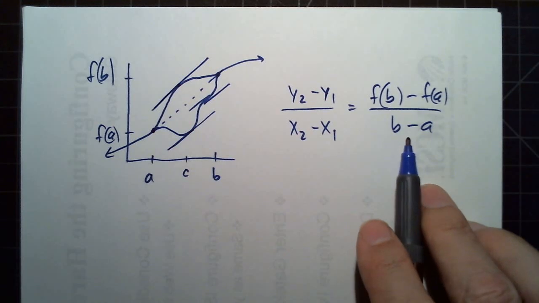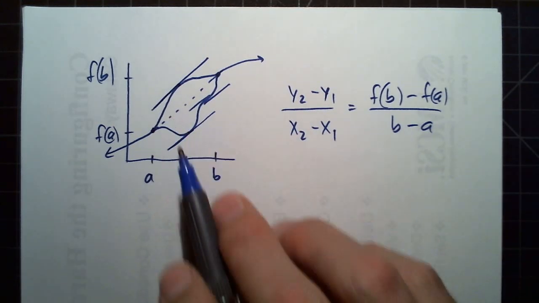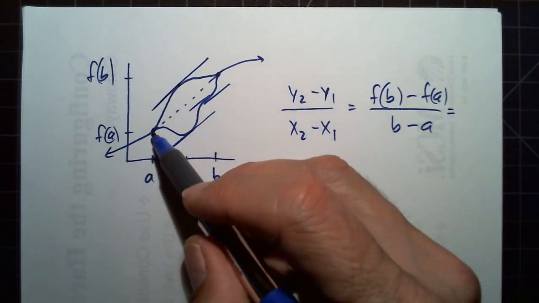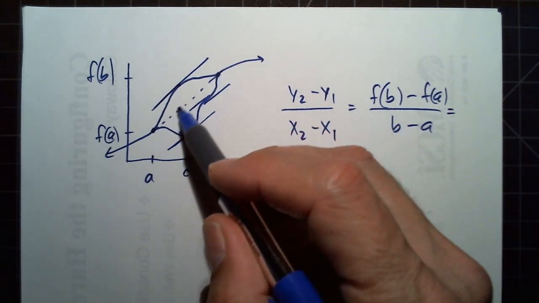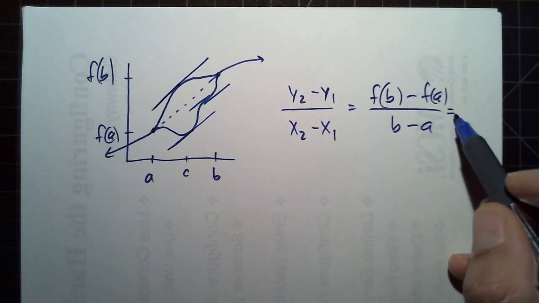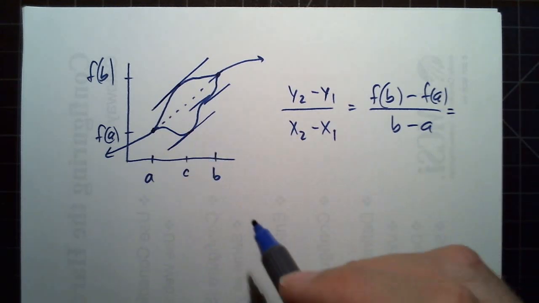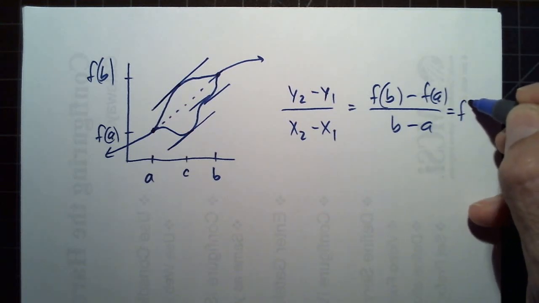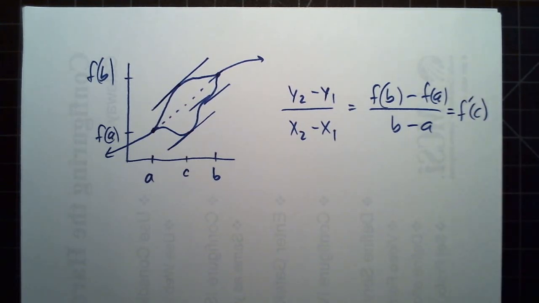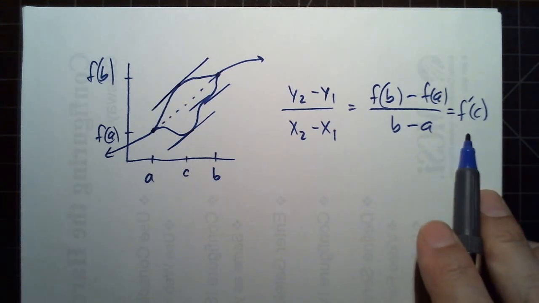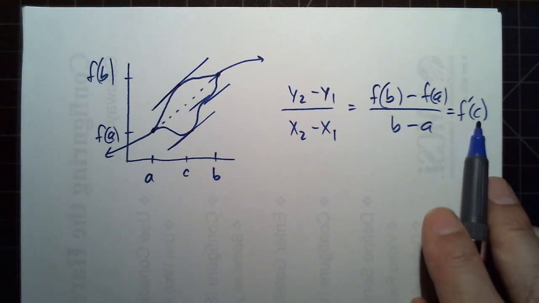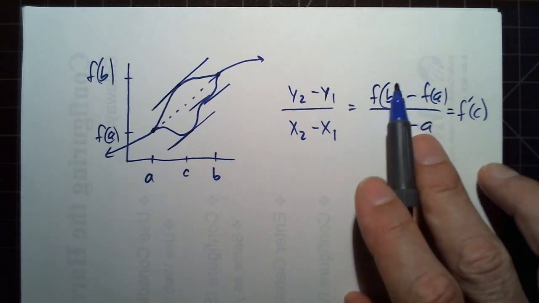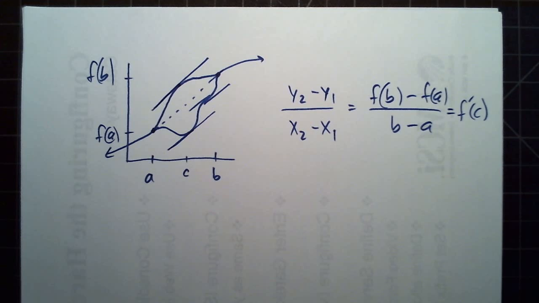This is the slope of the dotted line. And the mean value theorem is saying that the slope of the secant line is equal to the slope of the tangent line. So this is what the mean value theorem guarantees. It guarantees a c such that the derivative at c is equal to this slope of the secant line.